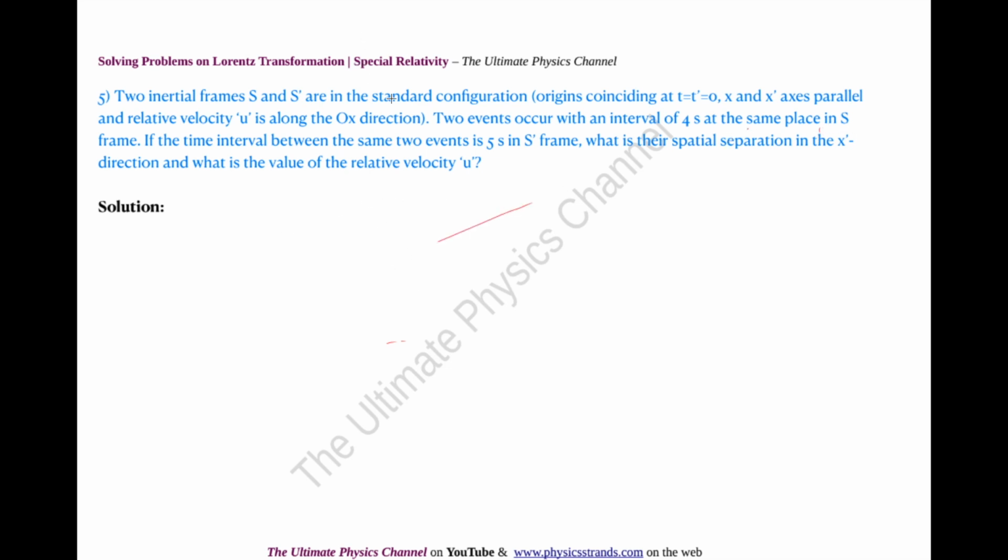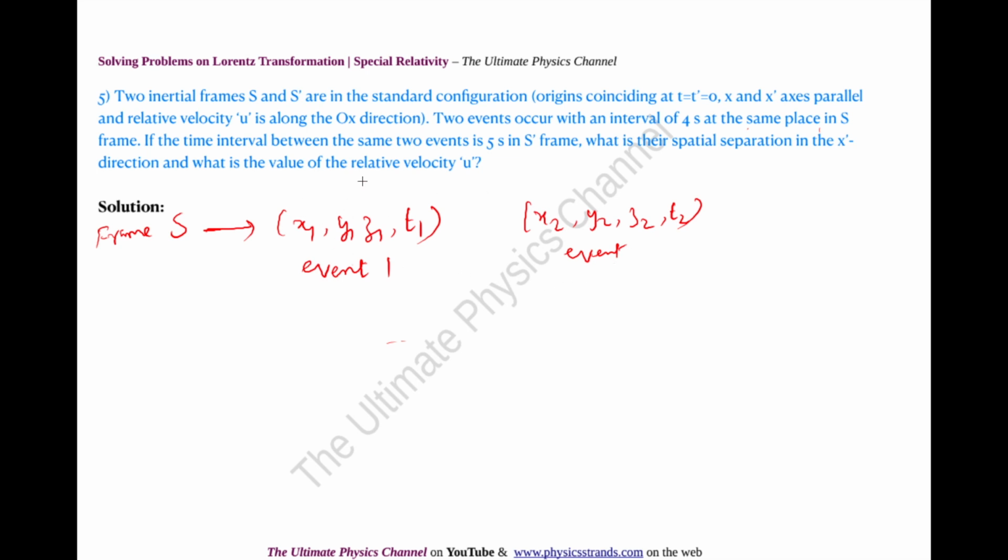So since it is occurring at the same place, let us call the two events' coordinates in the S frame x1, y1, z1, t1 for event 1, and then event 2, x2, y2, z2, t2.